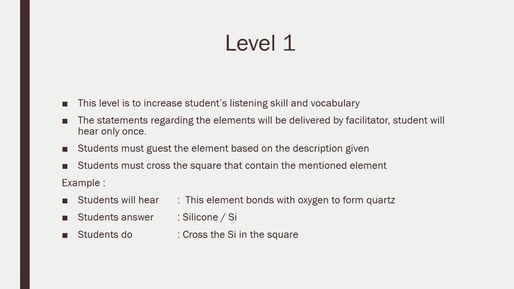Students must cross the square that contains the mentioned element. Example: students will hear, this element bonds with oxygen to form quartz. Student answer: silicon, or Si.